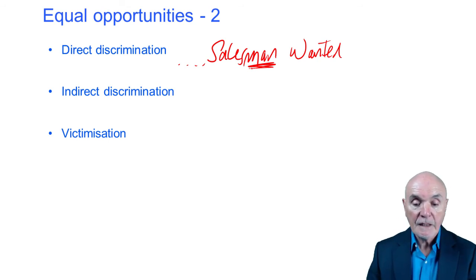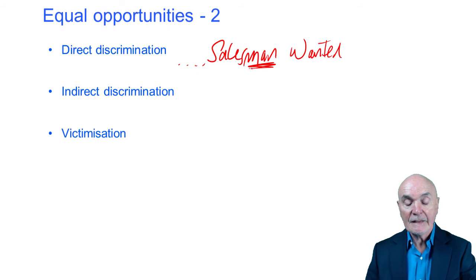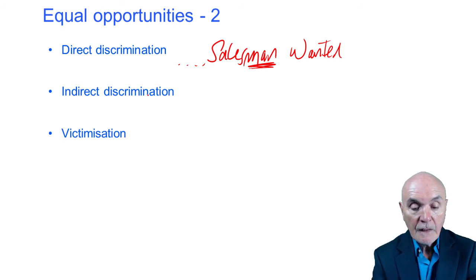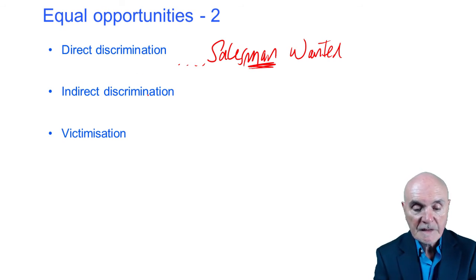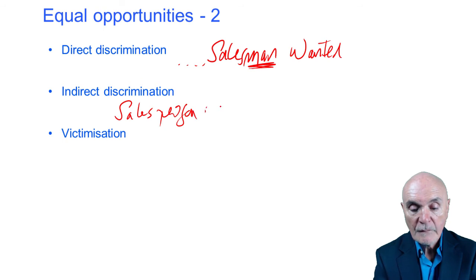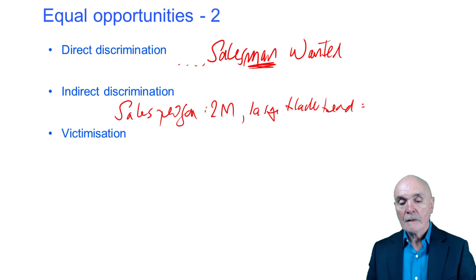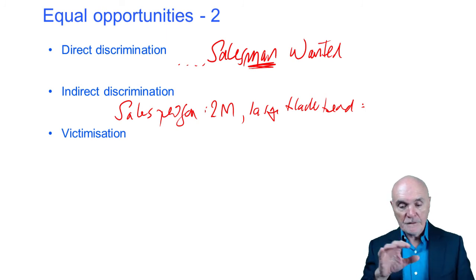Indirect discrimination is a bit trickier and is relatively easy to stumble into inadvertently. To give an outrageous example, you could say the salesperson must be 2 meters tall with a large black beard.